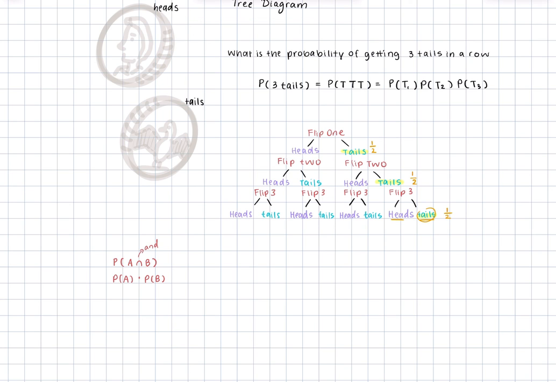So probability of T1, my first flip, that's over here, 1/2. Probability of T2, second flip, I get 1/2 again. Third, again, 1/2.